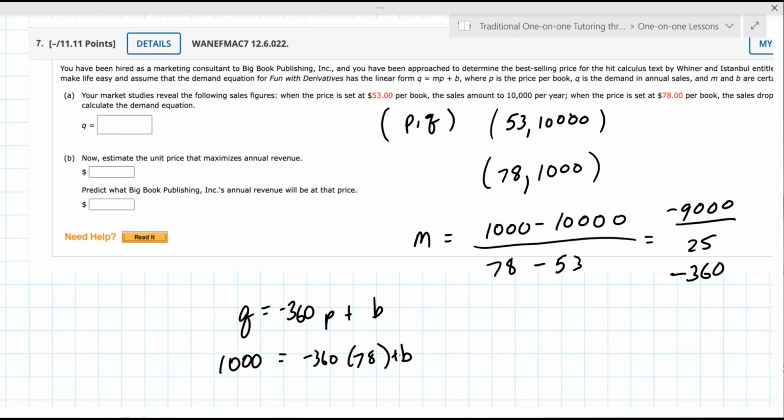I got B as 29,080. Yes. Okay, so that gets us our final answer, minus 360P plus 29,080. Will you try that and see if it works? Yes.